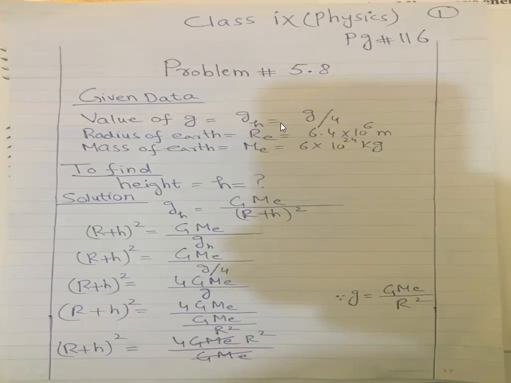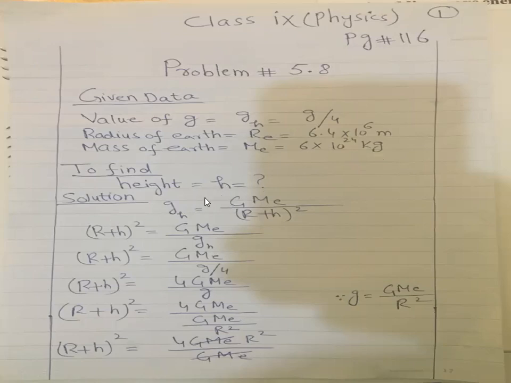You need to read the last paragraph of page 111. Radius of earth is re, which is fixed, 6.4 into 10 power 6 meter. Mass of earth is noted with capital ME, and the value is fixed as well, 6 into 10 power 24 kilogram. To find height is equal to h. Since he is saying at what altitude, meaning height, we need to find it out.